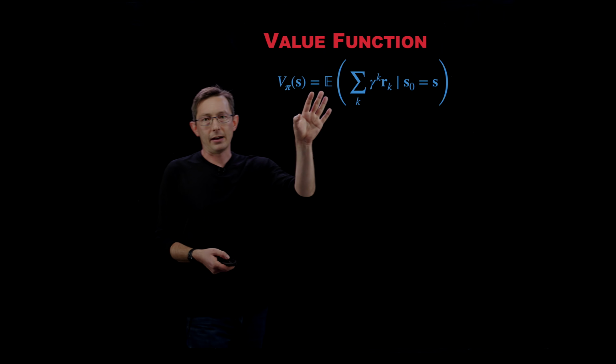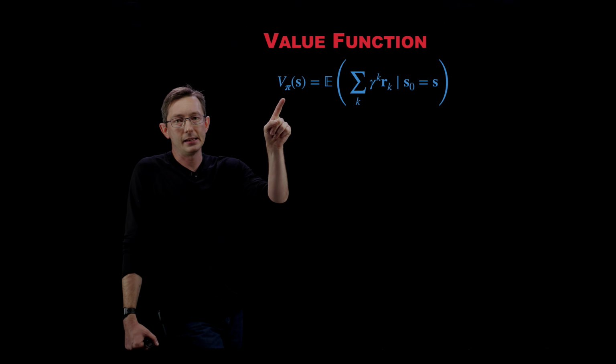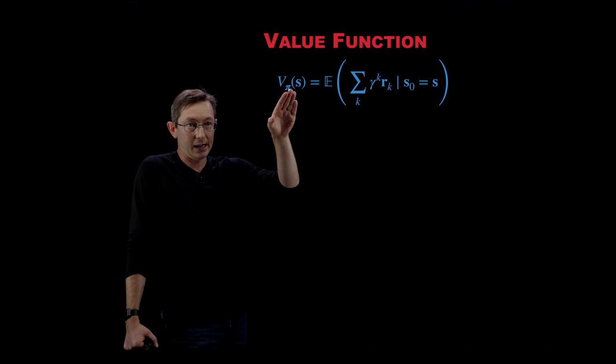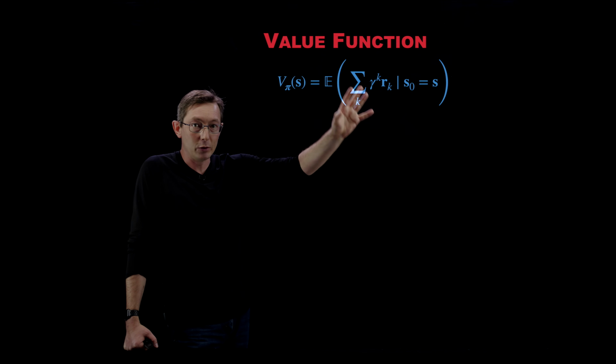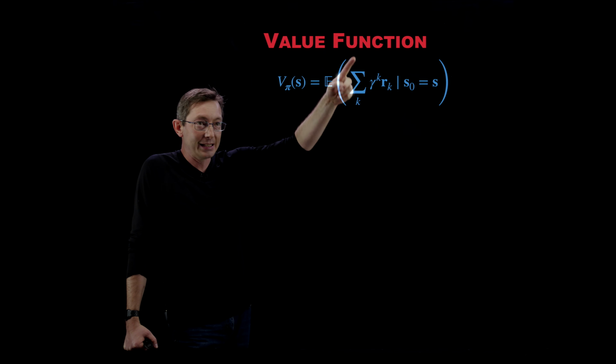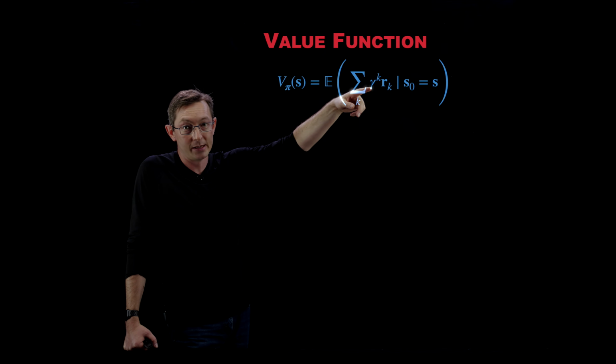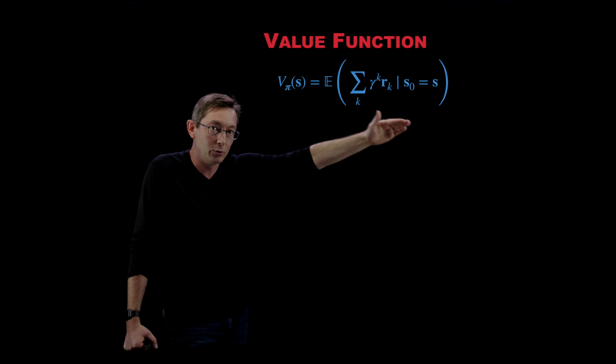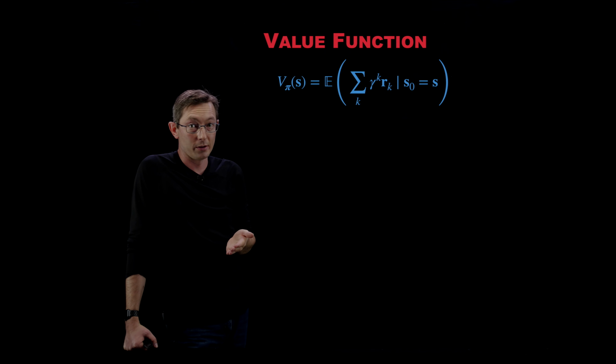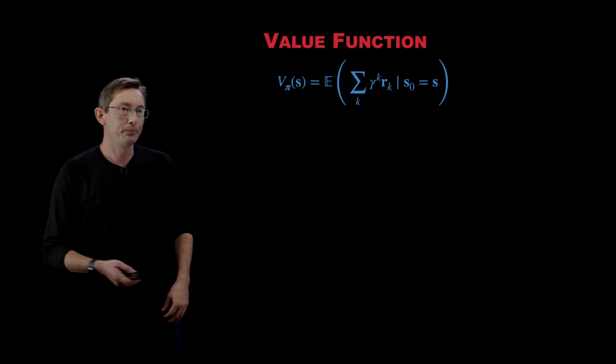So we start with this value function. Given some policy pi, the value function at a given state S is my expected future reward, discounted potentially by some gamma factor. So this gamma is a number between 0 and 1 that discounts future rewards over current rewards. And that's kind of an economic principle.